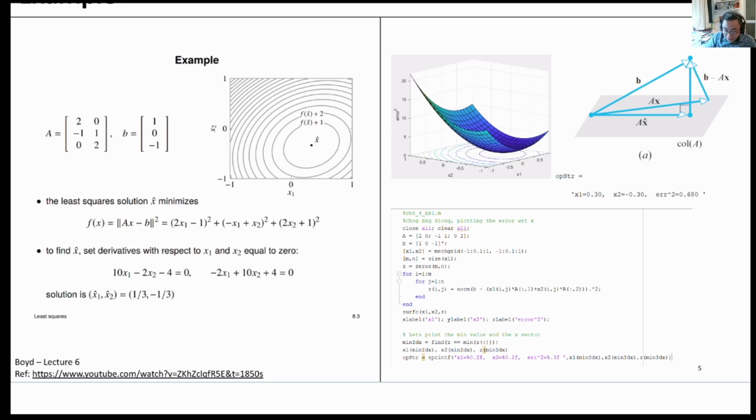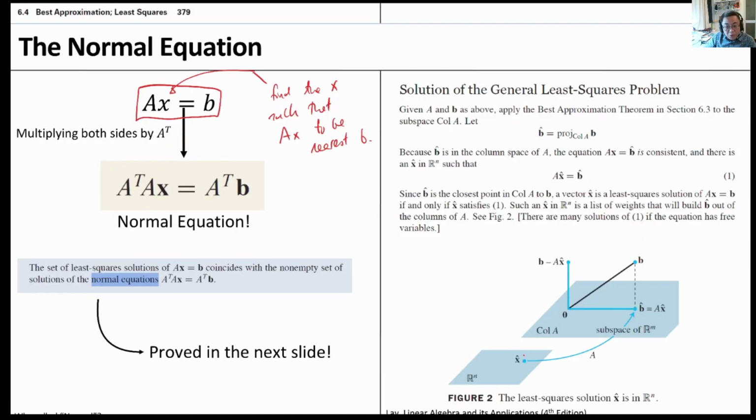In the last lecture, we have seen two ways to solve this problem. On the left, we have used calculus to solve it. And on the right, we have used brute force to solve it. In today's lecture, we are going to use the linear algebra approach, which is to form the normal equation.